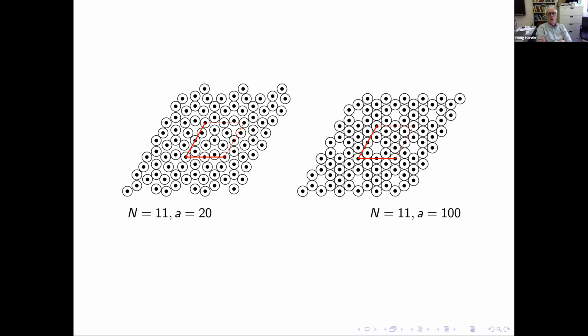Here are just 2 numerically generated optimal solutions for different theta functions. Here the parameter A is 20, and the big circles show the separation radius. So you'll find that some of the circles have to be touching.